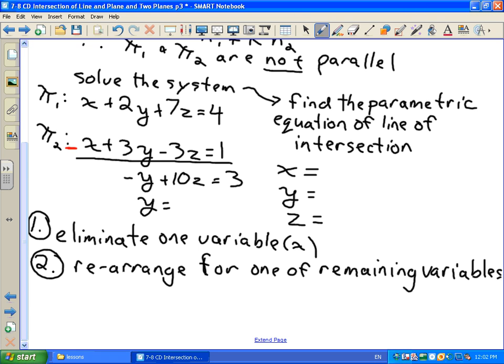We get y equals, what do we get? 10z minus 3. So I'll say negative 3 plus 10z. Okay? And this is important enough that I'm going to put this in a bright green box here, because this is going to form one of the parts of our parametric equation.